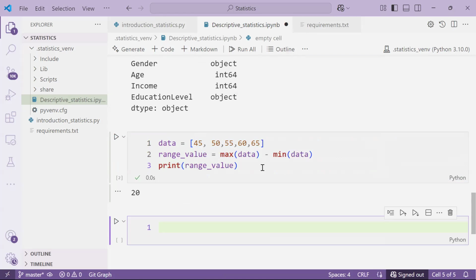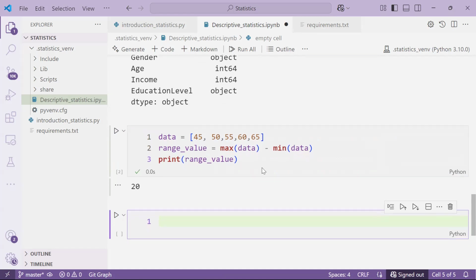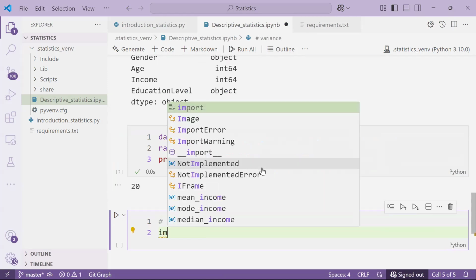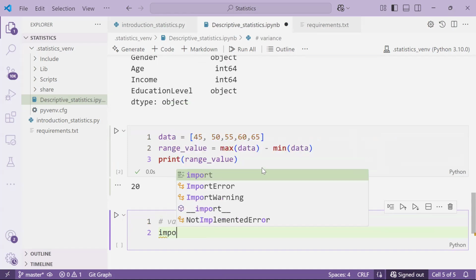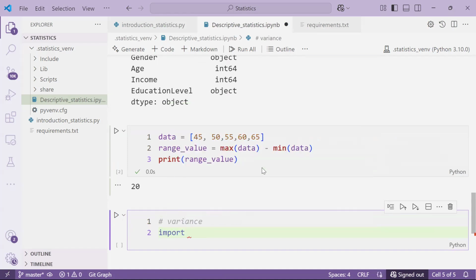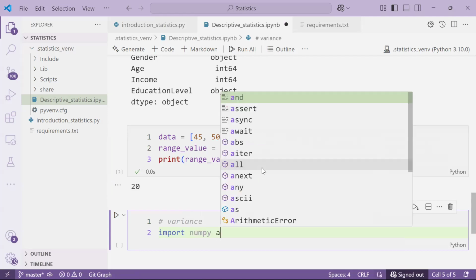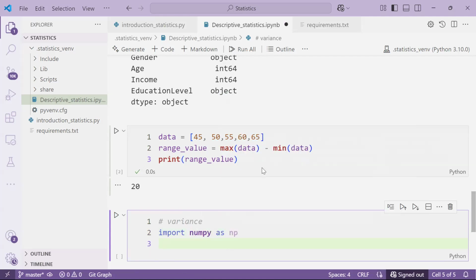Clear? Now, if you want to calculate the variance, we have a direct function for that. We don't need to implement the entire logic. In numpy, we have the var function.